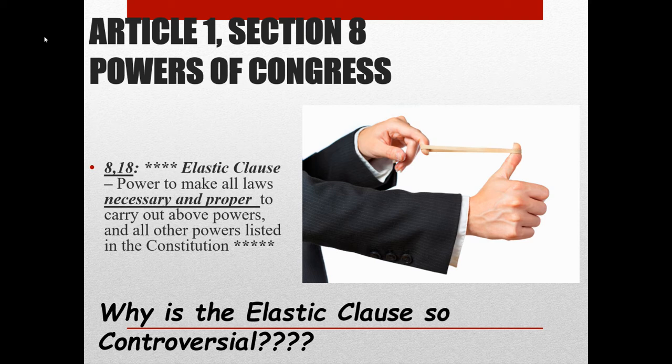We looked at some basic operational organization aspects of it and the powers of Congress. We spent some time looking at the difference between expressed and enumerated powers of Congress, those specifically listed in the Constitution, versus the implied or unenumerated powers that are created by the elastic clause, and why that can be so controversial and has been throughout U.S. history.